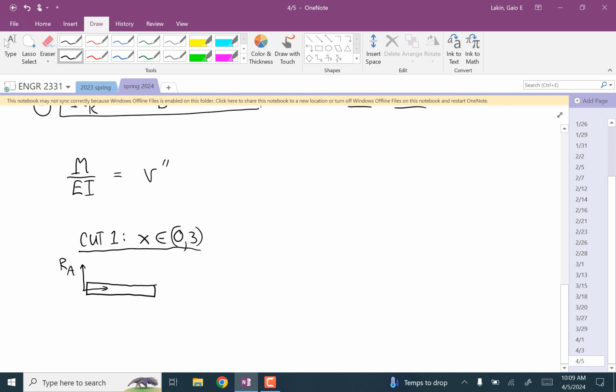So we have RA, I guess I'll just write that as RAY. We know that RAX is equal to 0. And then we have our external couple, MR. Then we have our weight force. If this is our distributed load, that's equal to 981 divided by 3.